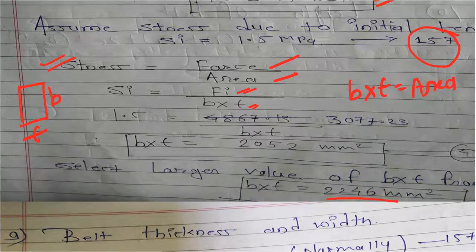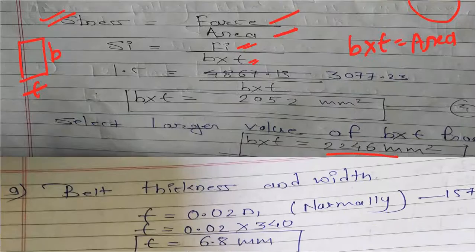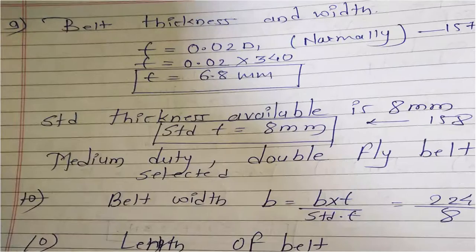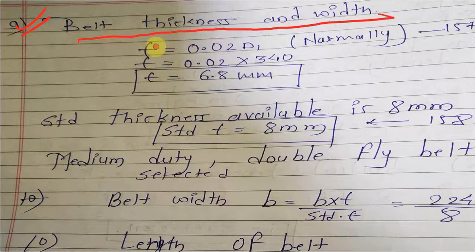Now the final step of the problem is, not the final, the ninth step is belt thickness and width. Sorry for that, it is not tension, it is belt thickness and width. T equals 0.02 multiplied by d1, page number 157. T is equal to 0.02 multiplied by 340, so thickness is equal to 6.8 mm.